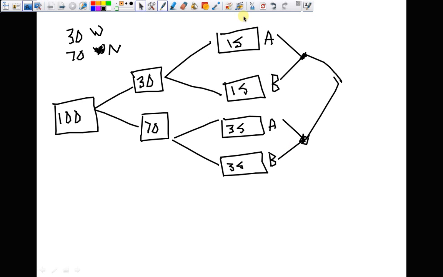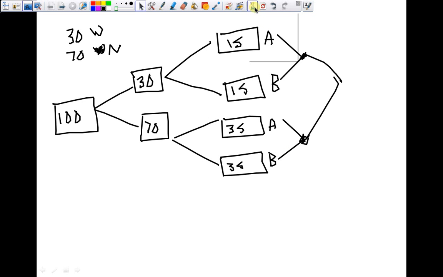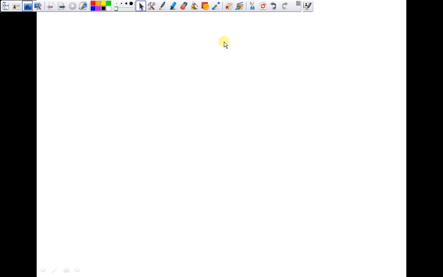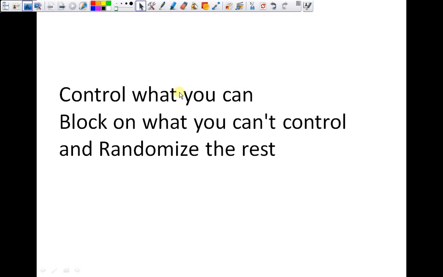So let's go back to this. Control what you can. The first time we said if we could control whether they worked out or not, we would. We would tell some people to work out, tell some people not to work out, and we'd have 4 treatment groups.